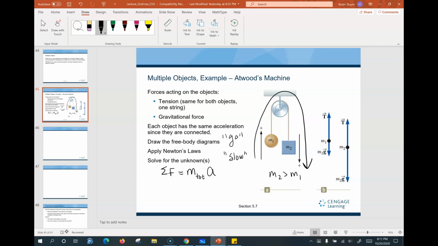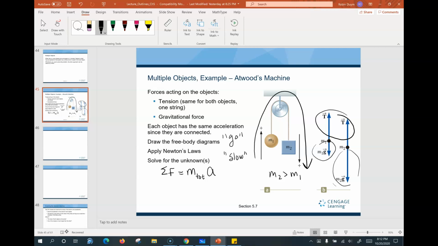Looking at that, we see, according to our free body diagrams, that these two tension forces are actually going to cancel each other out, and we're left with this force and this force.